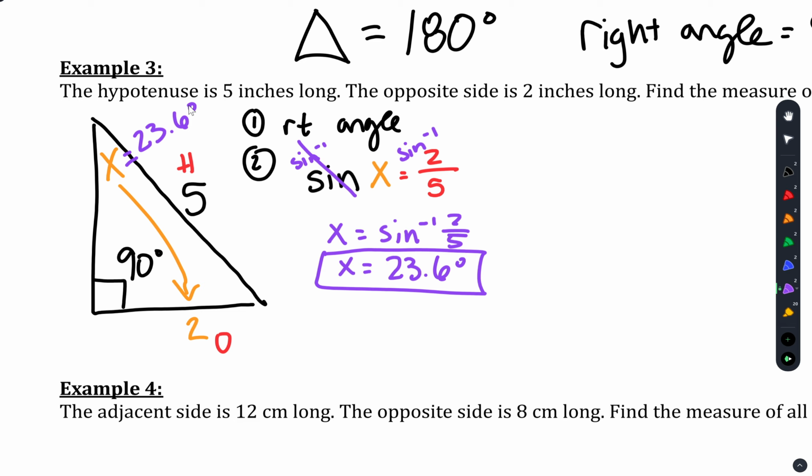So, the first angle in our triangle should be the right angle. The second angle in my triangle, I'm going to have to find using inverse trig, just like I did here. The third angle in my triangle, I should never have to use inverse trig twice. How do I find that third angle?